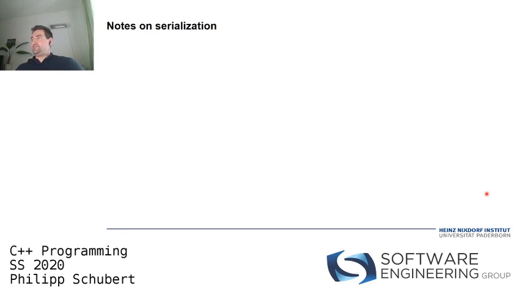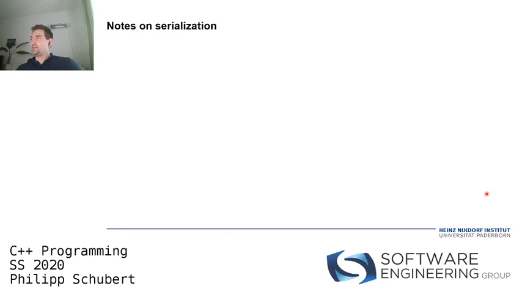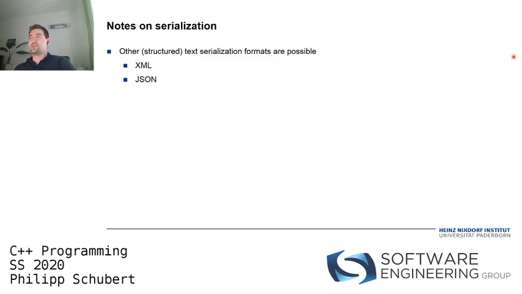So yeah, again, you can try that out. That's quite interesting and quite useful. And other structured text serialization formats are, of course, also possible. You probably know about XML. You probably also know about JSON. Those are structured text serialization formats that you can also use.